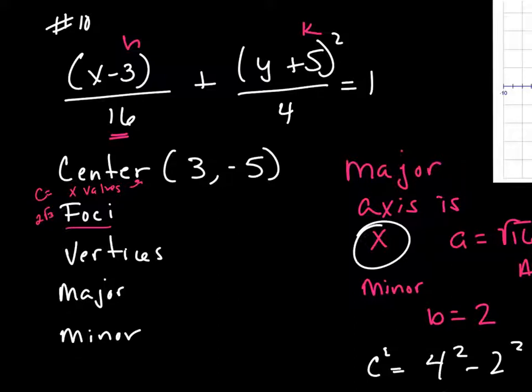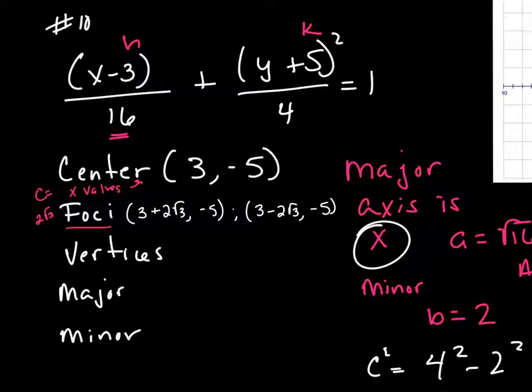So how does this happen? My y value stays the same, and it becomes 3 plus 2 square root of 3, -5 for my first focal point, and the next one will be 3 minus 2 square root of 3. That y value of the center stays the same at -5.